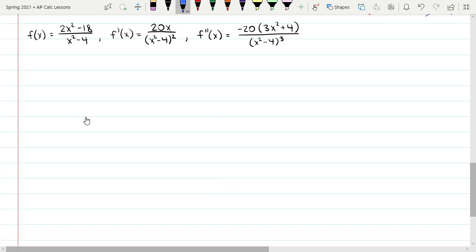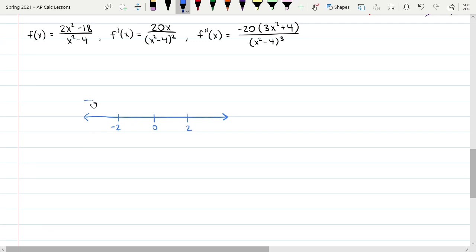So remember, we had domain restrictions at plus or minus 2, and we had a critical number at 0. So that means we're going to need 3 lines here along our number line, which means we're dividing our number line into 4 total intervals. So in order, we have -2, we have 0, and then we have +2.